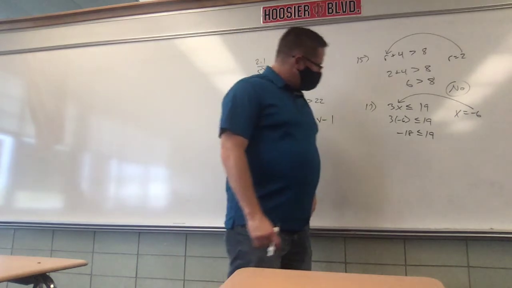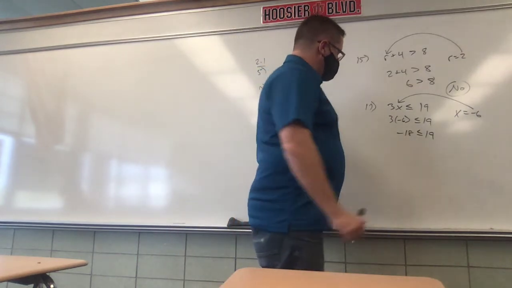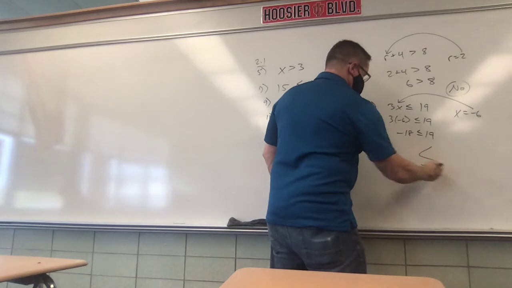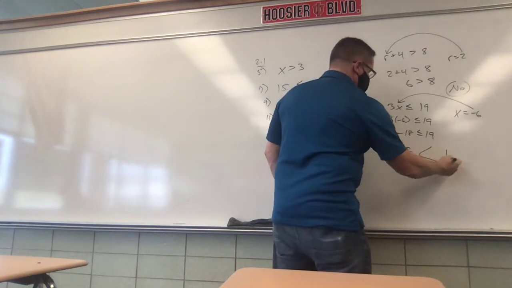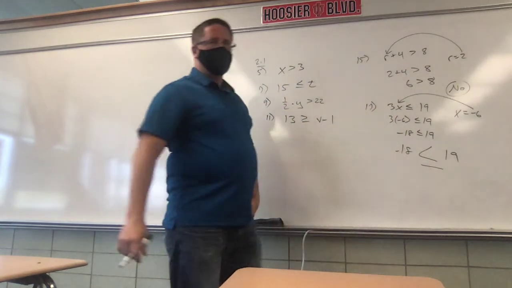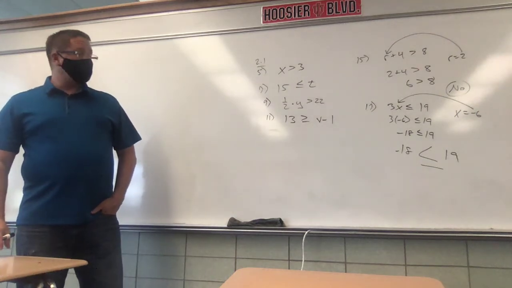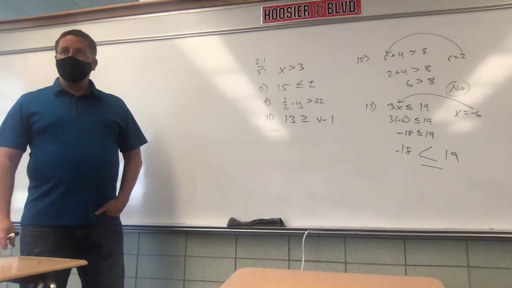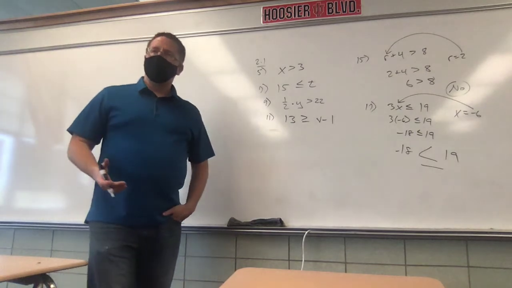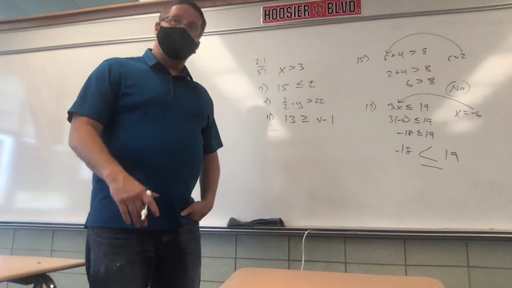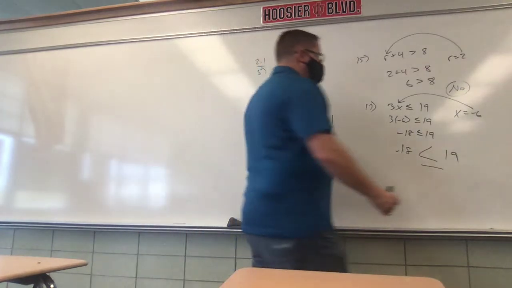It looks like an equal sign. So, is negative 18 less than or equal to 19? Yes, it is. If you're sitting there going, it doesn't equal it, it doesn't have to equal it. It has to be less than or equal to it. And it's less than. So, the answer there is yes.